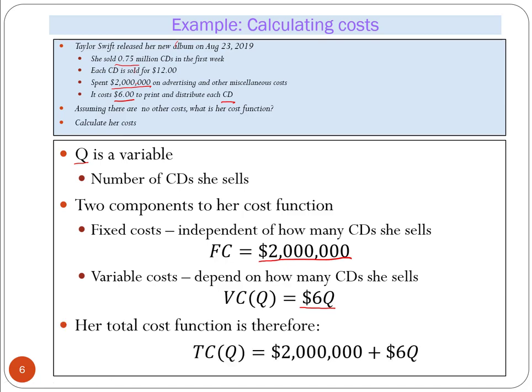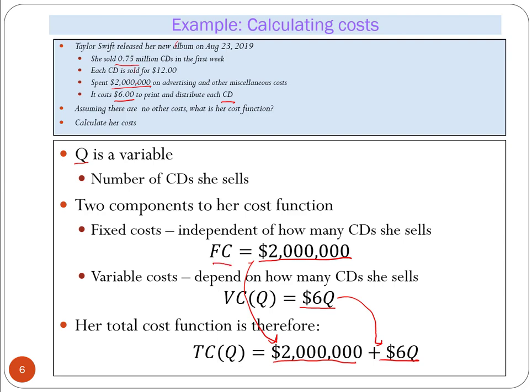So a total cost function is this fixed cost plus the variable cost. So it's going to be $2 million here. That's the fixed cost, so that's that one here. And plus the $6 per CD, which is her variable cost. So it's fixed costs plus the variable costs. Now note here that when we wrote fixed costs down, we didn't make them a function of Q. And there's a reason for this.